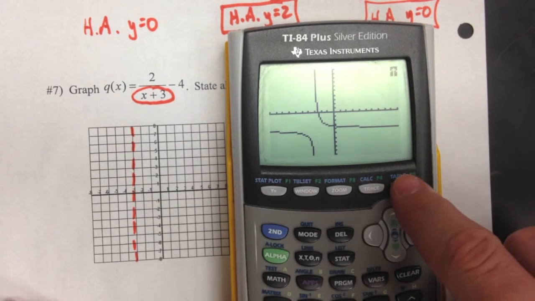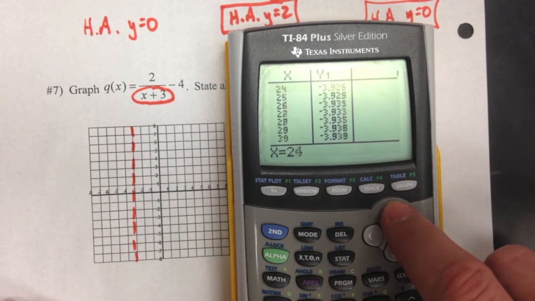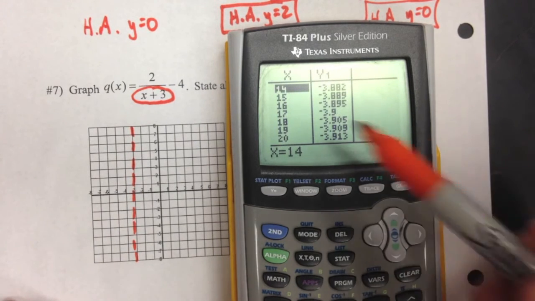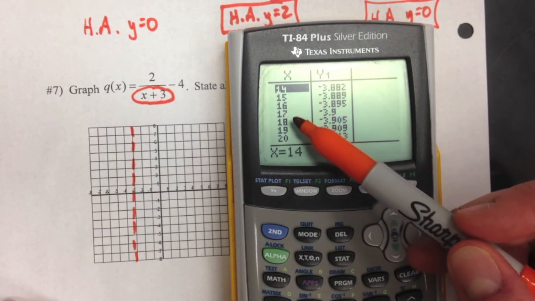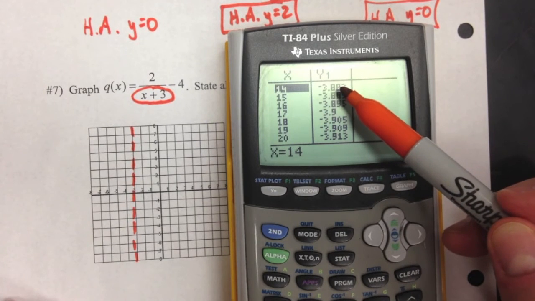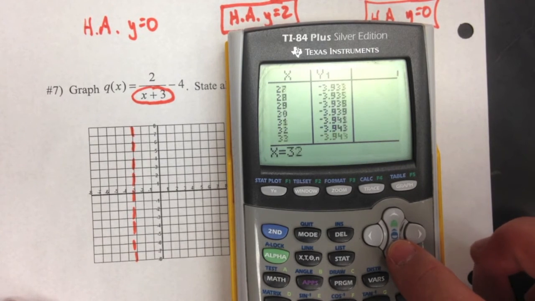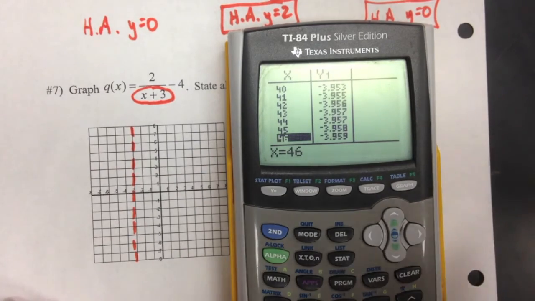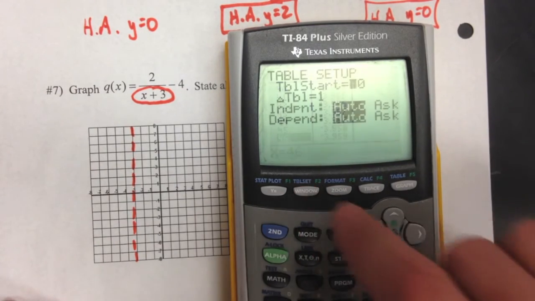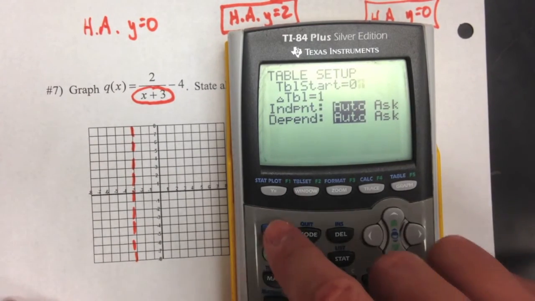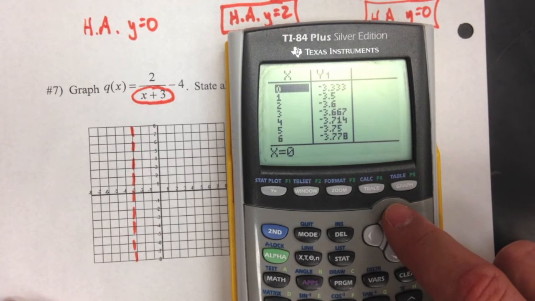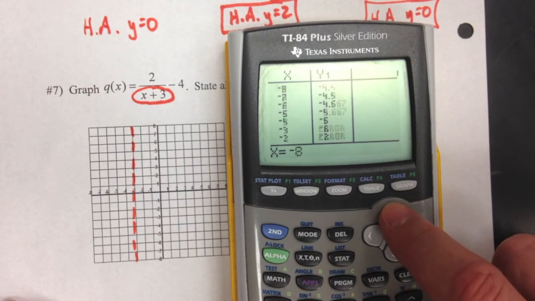I'll go to the table. Let me come back up here. Well, actually, as your x values get bigger, notice that negative 3.8, negative 3.9, it looks like we're getting closer to negative 4. What about, let me go to the table set here, let me go back to 0. What about as x approaches negative infinity?